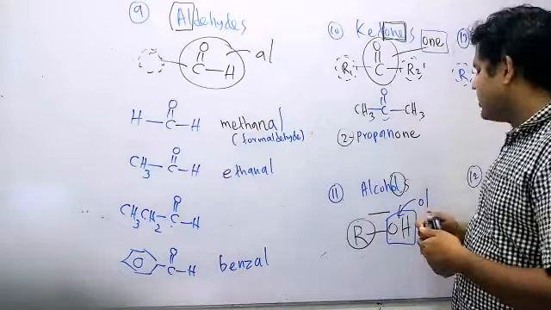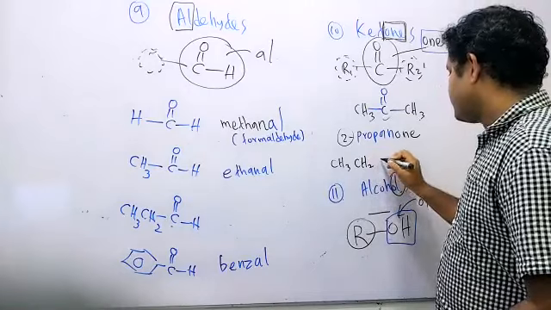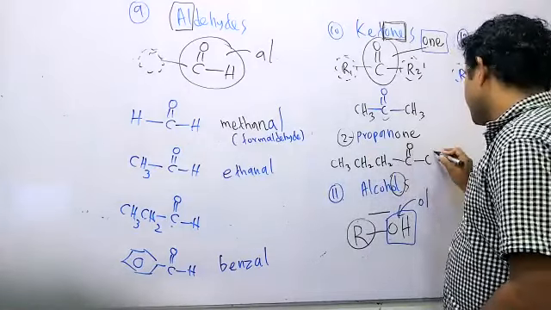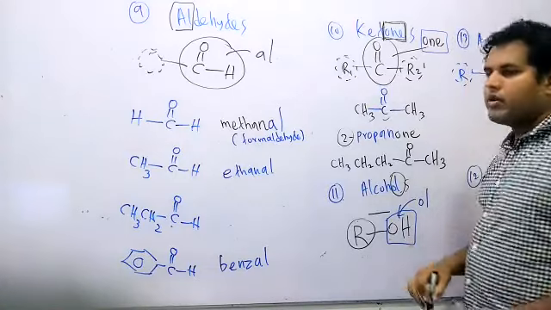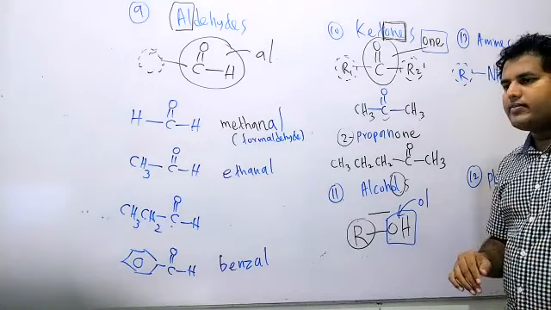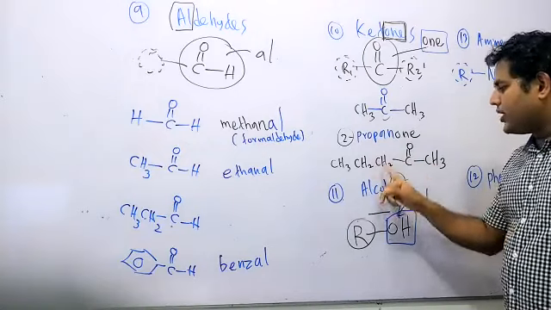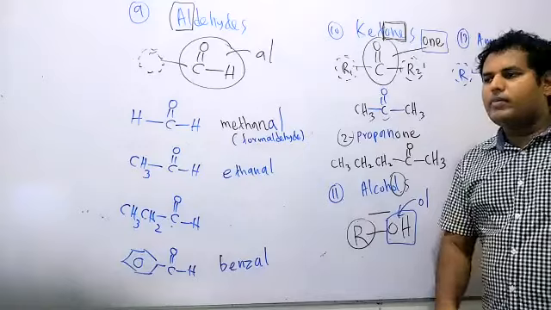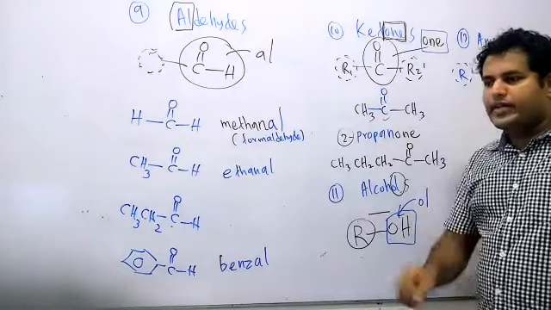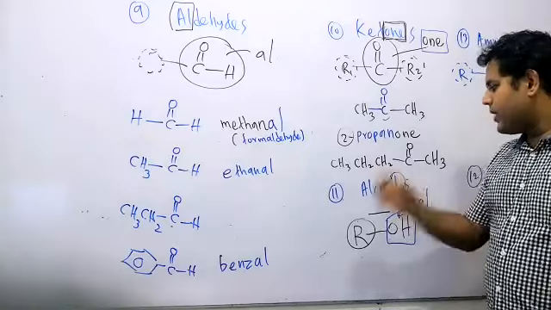So I'll give one example here. Now see this one. CH3, CH2, CH2, CO, CH3. What would be the name of this? Now when we are naming this ketone, we have 1, 2, 3, 4, 5, 5 carbons. 5 carbons means it's pent.